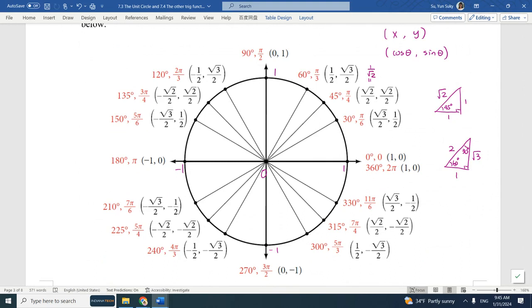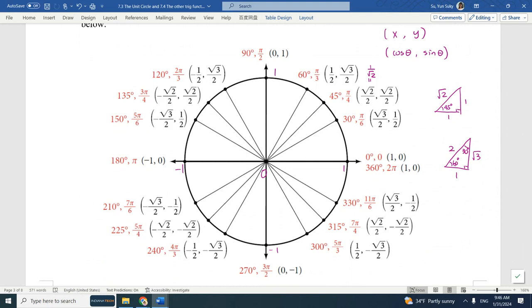How about sine 45 degree? Opposite over hypotenuse. It's the same thing. Yes, everybody? So, yeah. You need to memorize the unit circle. And I'm teaching you how to get those numbers. Okay, everybody?